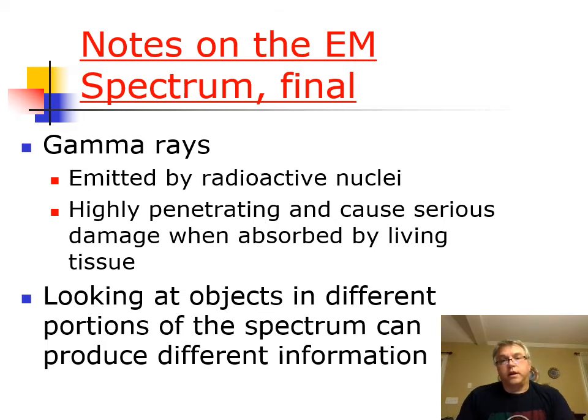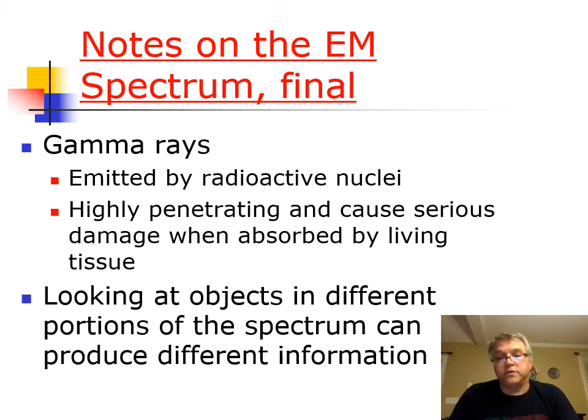One other note on all these different parts of the electromagnetic spectrum, we can use them to find different pieces of information about different objects or the same object. In astronomy, we use telescopes that look at different bands of the electromagnetic spectrum, and they can tell us different bits of information about distant objects in the galaxy, such as other stars, other galaxies, quasars, pulsars, things like that.